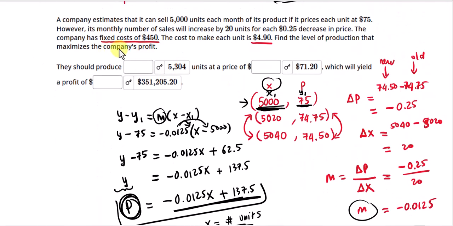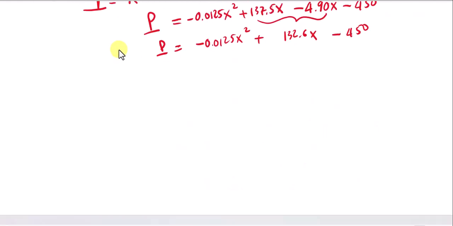This is a max-min problem. To maximize the profits, we need to find the critical value, right? So first, we have to find the derivative of this profit equation. Bring down the 2: minus 0.0125 multiplied by 2 is negative 0.025, and then subtract 1 from the exponent, you get 1.